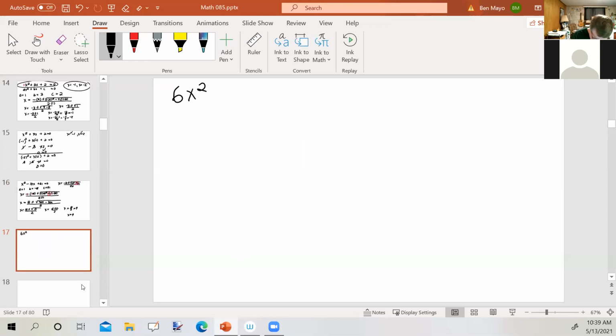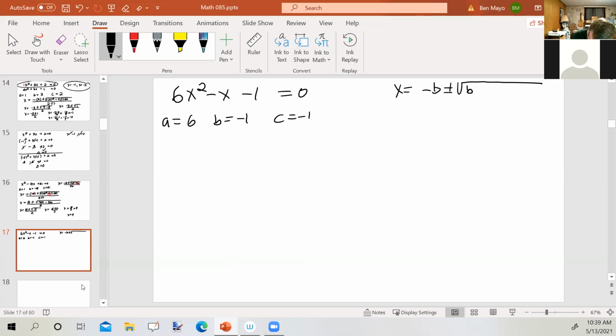6x squared minus x minus 1 equals 0. Okay. So a equals 6, b equals -1, and c equals -1. Using the formula, x equals -b plus or minus the square root of b squared minus 4ac all over 2a.